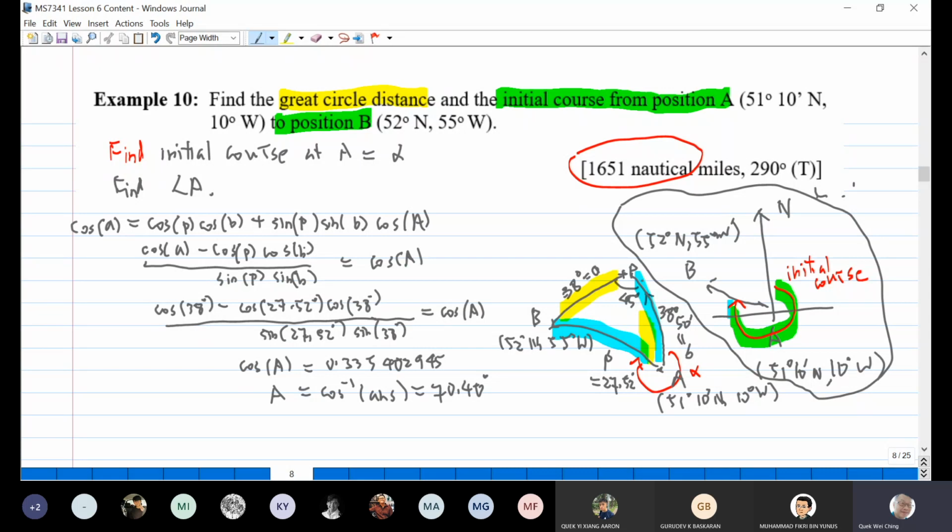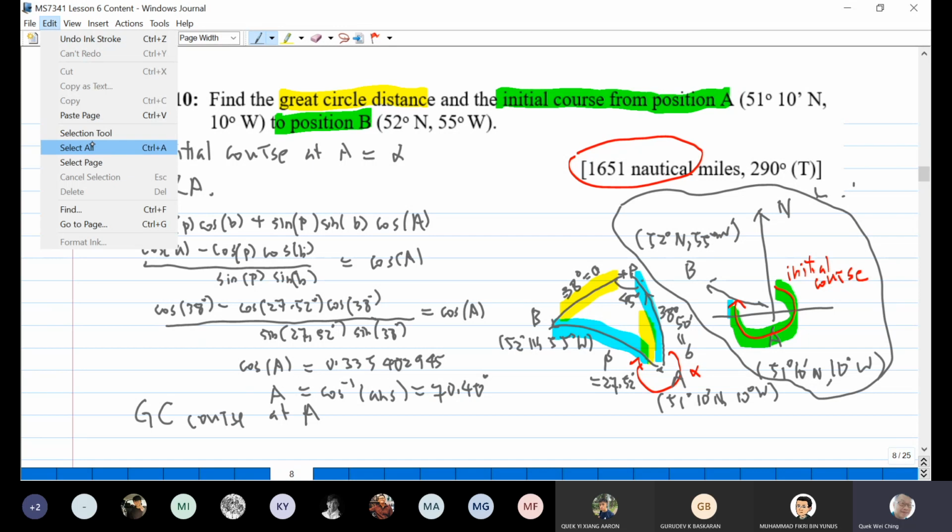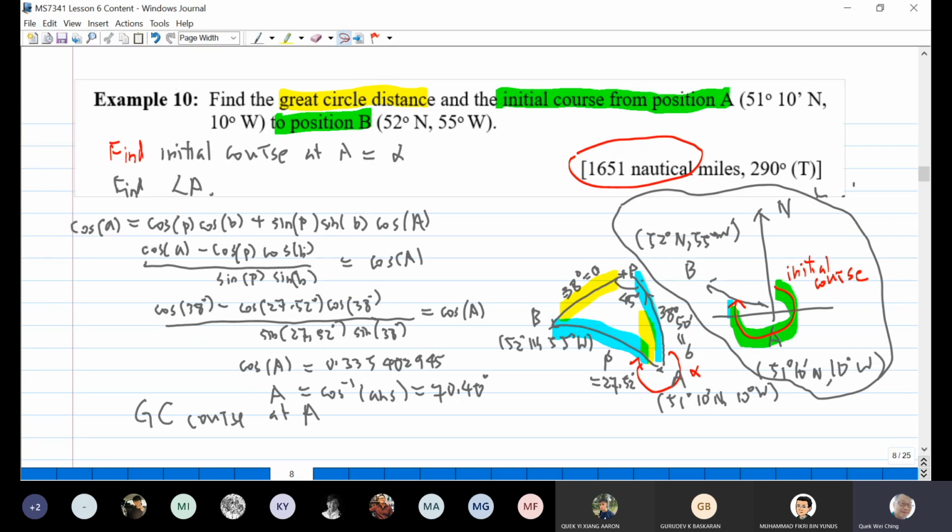So okay, you can see the diagram of the bearing inside there. So the initial course now, the great circle course at A is equal to, let me raise this up a little bit here.